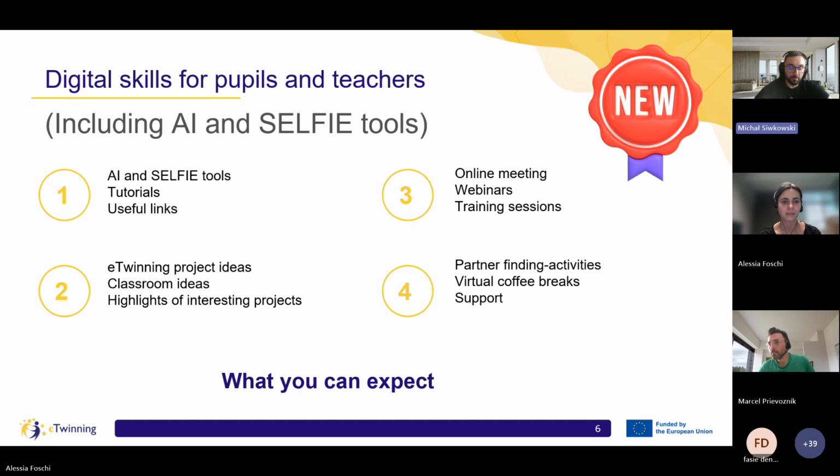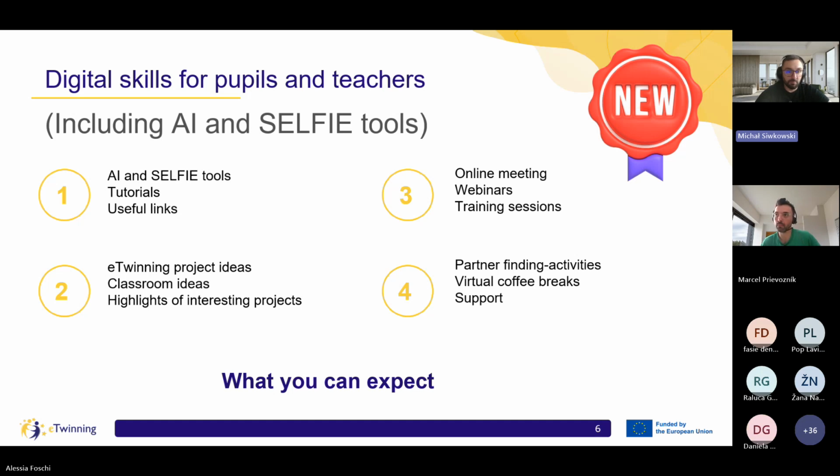If you join our group, there is a lot of benefits for you. For example, at the start of the meeting of our group, we created an AI and selfie tool list that our students, our teachers, our eTwinners are using in their everyday life. So when you join our group, you can also access this list.